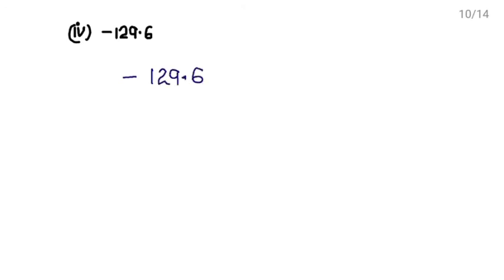Fourth part, they have given -129.6. Firstly, write it into the form of fraction. Remove this decimal, put 1 in denominator. After decimal we have only one digit, so put 1 0 here in denominator, right? Now this is equals to -1296 upon 10.